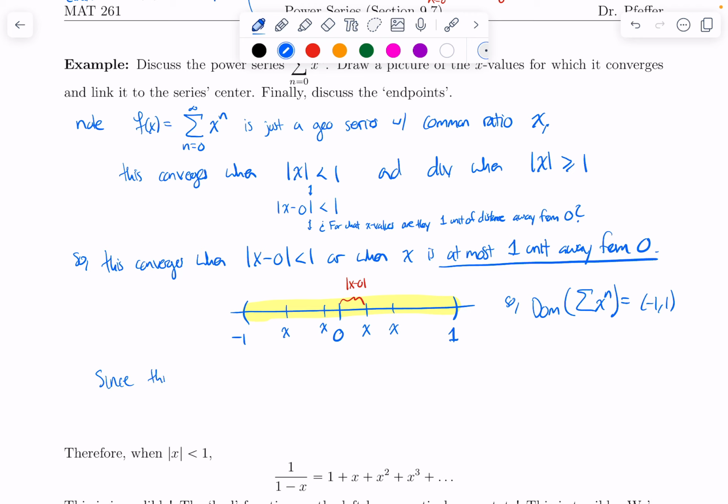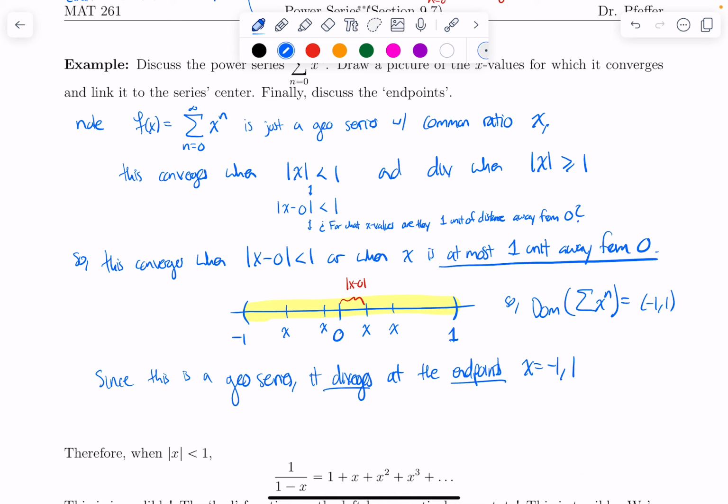Since this is a geometric series, it diverges at the endpoints, x equals -1 and 1. It'll diverge at those endpoints explicitly because of what we saw here. It diverges when x is greater than 1 or when absolute value x is equal to 1. That means when x is 1 or -1.